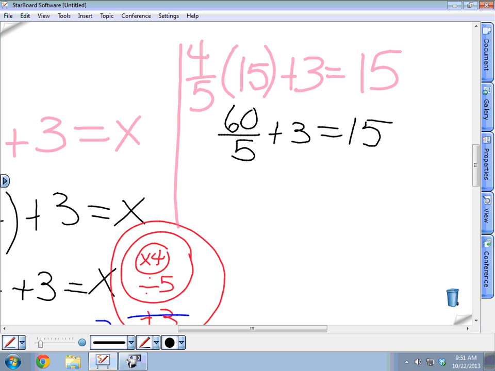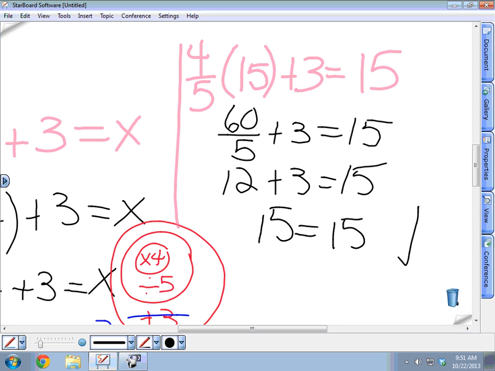What is 60 divided by 5, Weston? 12. Linda, what is 12 plus 3? And lo and behold, that does work.